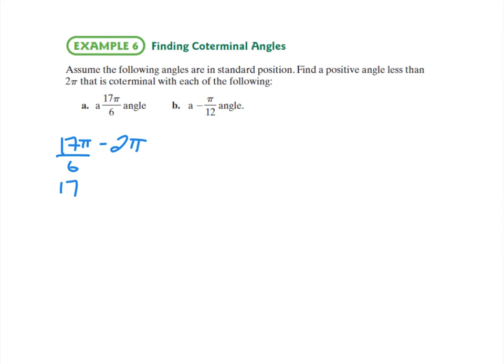So 17 pi sixths minus 12 pi sixths. And please keep in mind, this number will always be double this number for 2 pi. So that tells me that 17 pi sixths and 5 pi sixths are coterminal.